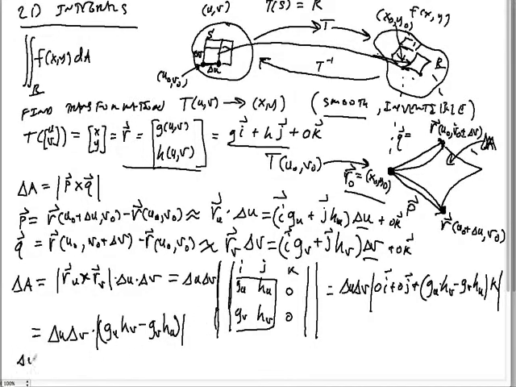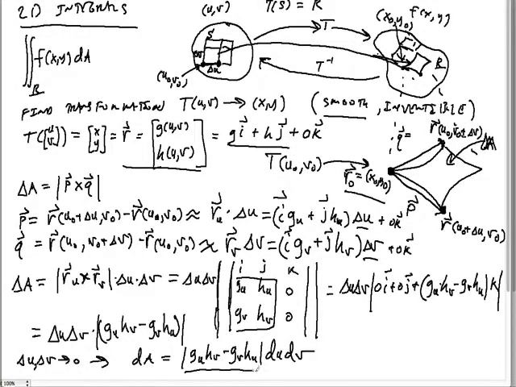Of course you take delta u, delta v closer and closer to 0, and then you get dA equal to the absolute value of g_u h_v minus g_v h_u, du dv. Okay, so there's our change of variables formula.